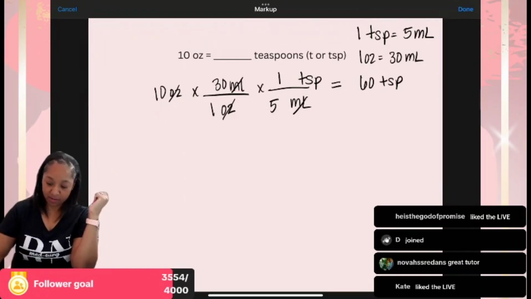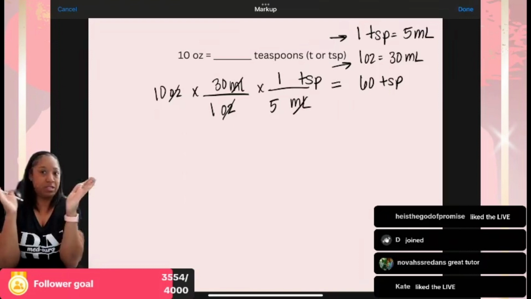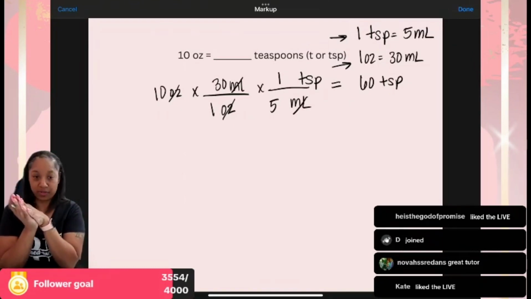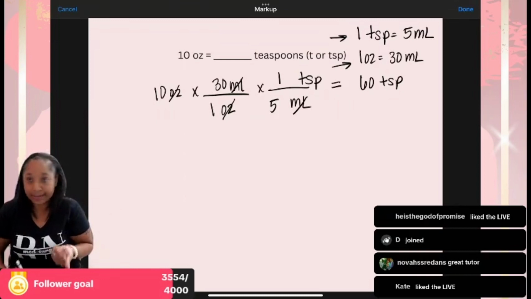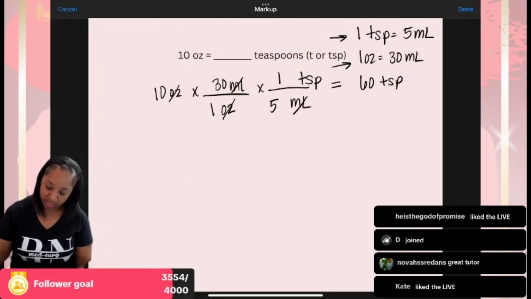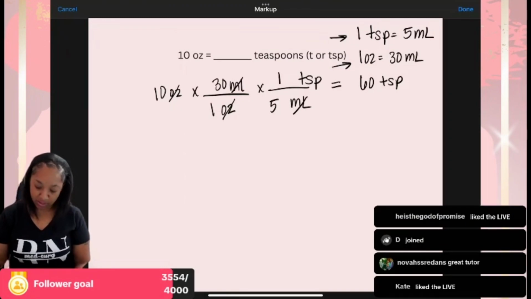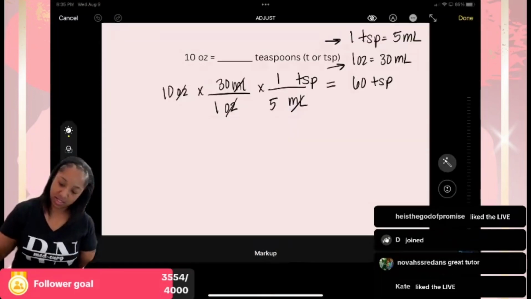You see, we have our conversions that we needed up here because these are our knowns. These are what we have to go by. You need to know your metric conversions, know your household conversions, your cups, your ounces, your milliliters, your teaspoons, your tablespoons. Some stuff you just can't get around. This is one of them. But yeah, so we went step by step. So first you had to do ounces, then you had to go to milliliters, and you went from milliliters to teaspoons.